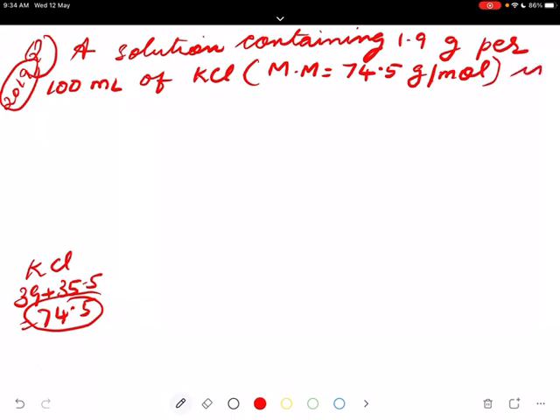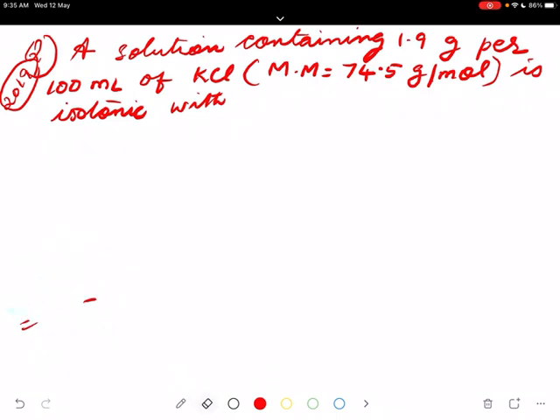Is isotonic with, means same osmotic pressure. So here the formula applied will be of osmotic pressure.